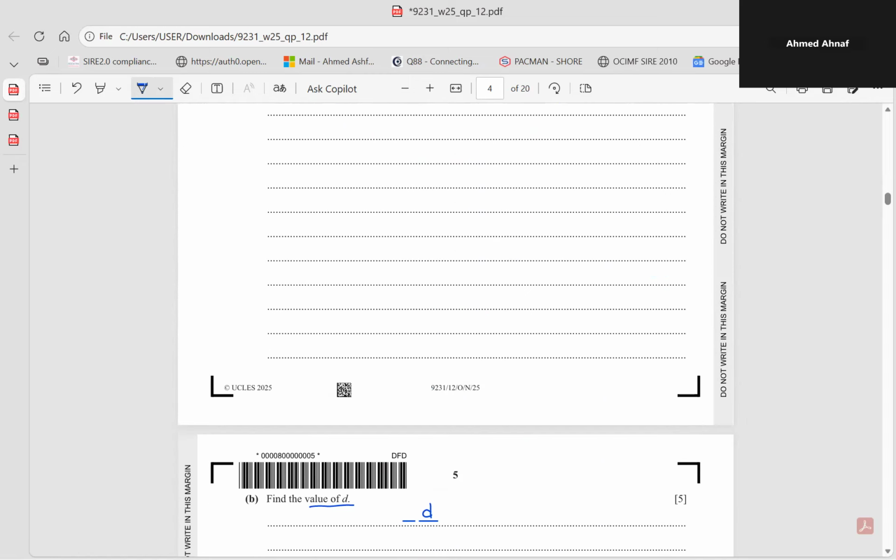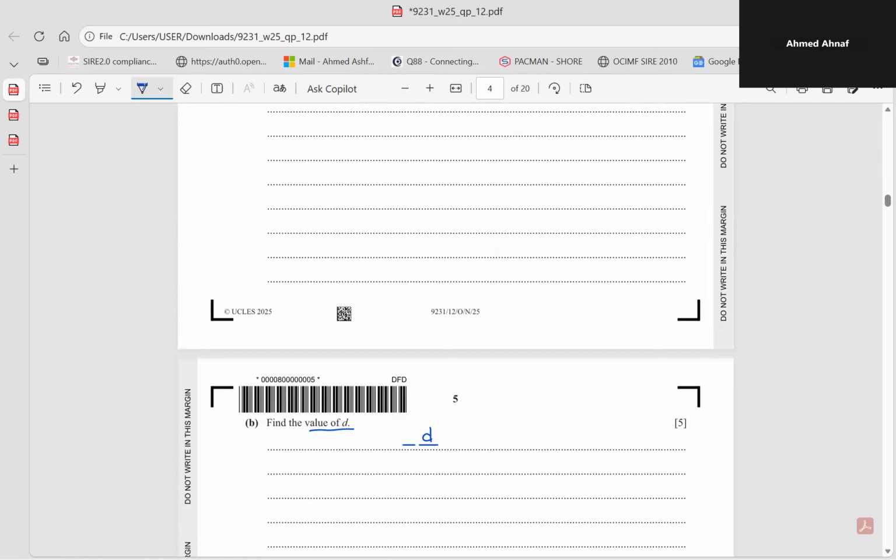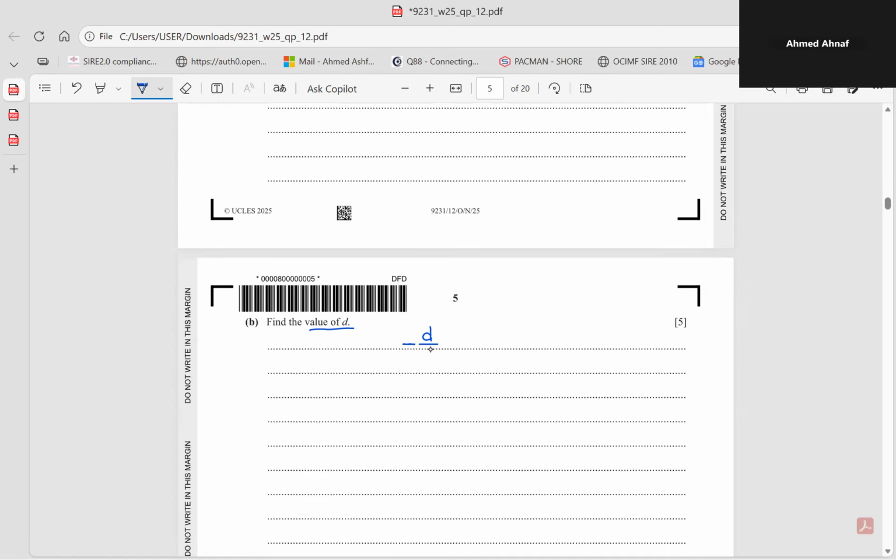So I hope you can see a pattern in here. We always start with minus b, which is sigma alpha, and then positive c over a is sigma alpha beta. So d by right is going to be negative d over a equals sigma alpha beta gamma.